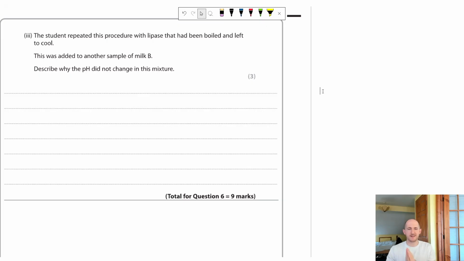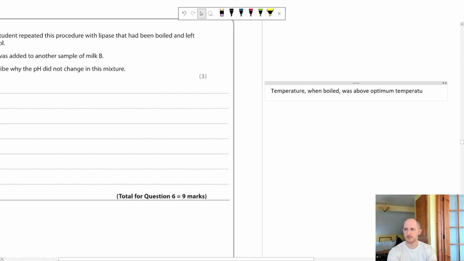Well, what's the only difference? The only difference is that the lipase has been boiled. Well, what happens at extreme temperatures? Enzymes denature or break down. So all you have to do is write temperature when boiled was above the optimum temperature.